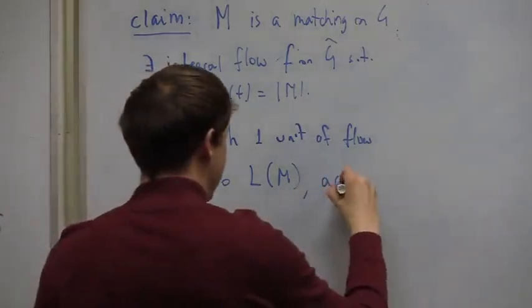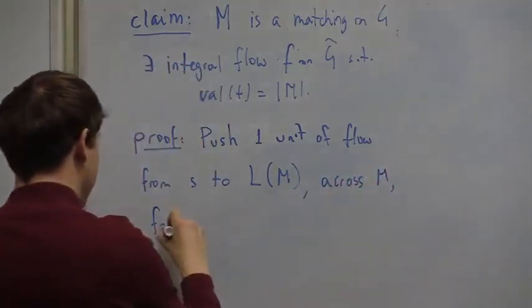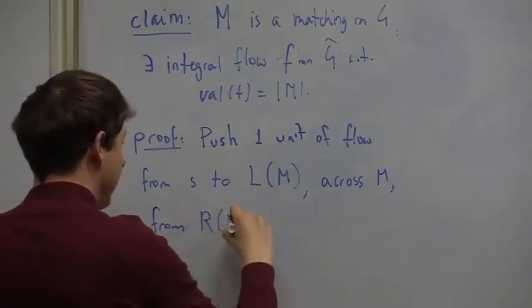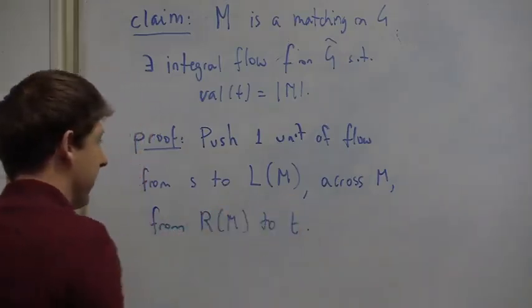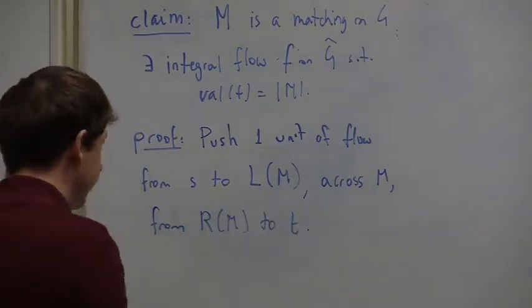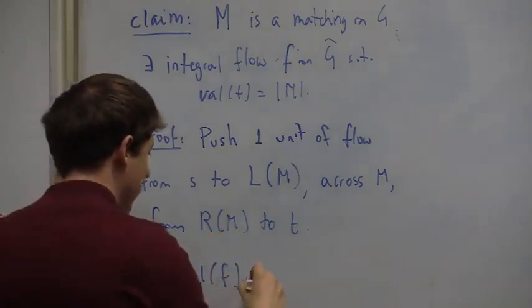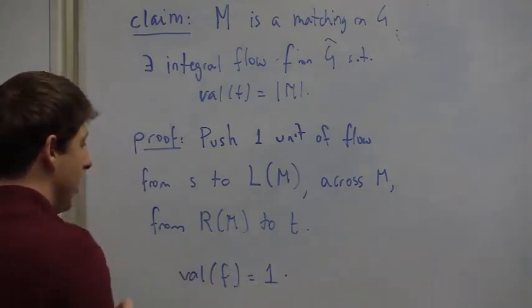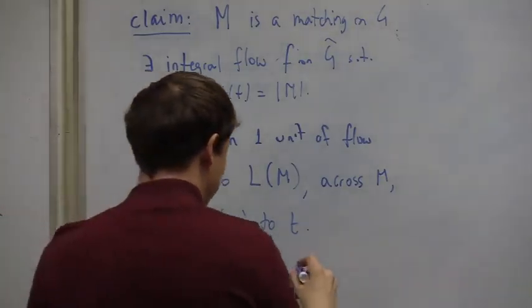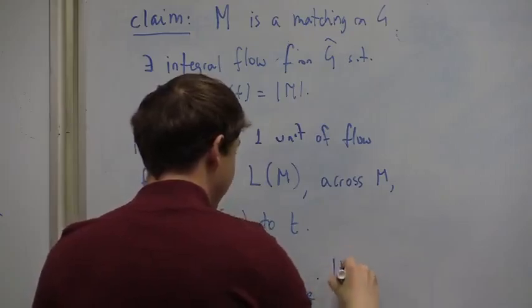And then across M, and then from R of M to T. And since we're passing one unit of flow, the value of F is going to be one unit of flow per edge, and then we have M edges.